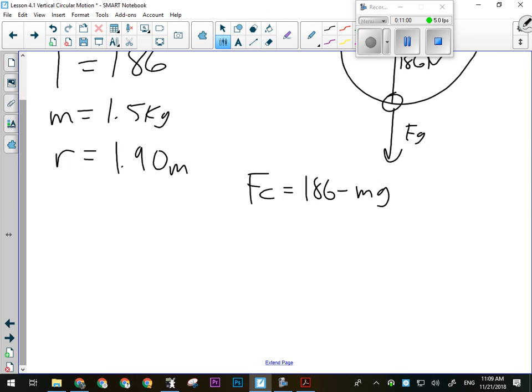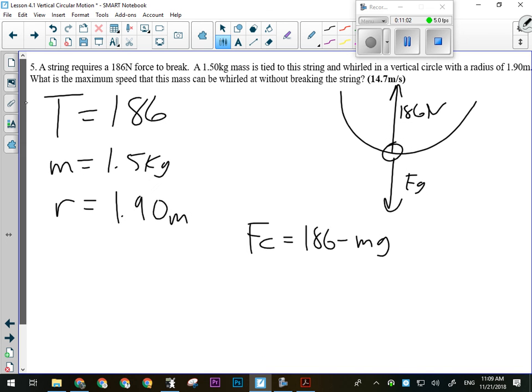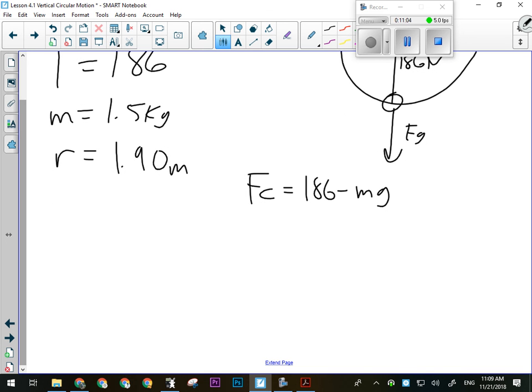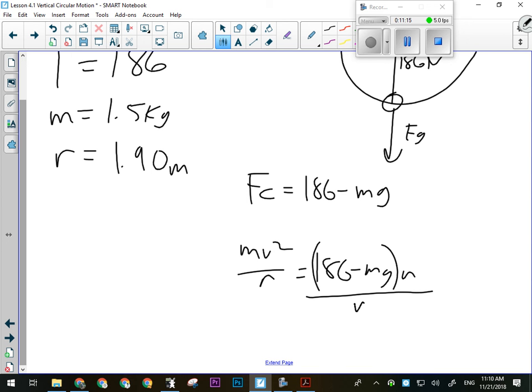So mv squared over r equals 186 minus mg. I'm going to multiply both sides by r, divide both sides by m, square root, plug in my numbers and go. So it's the same as 3, just a different context.